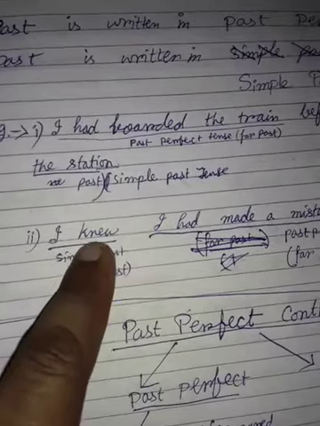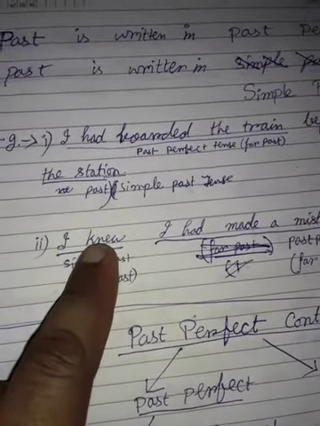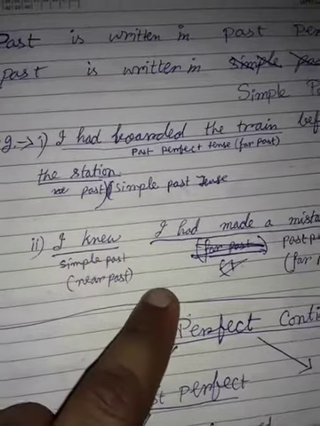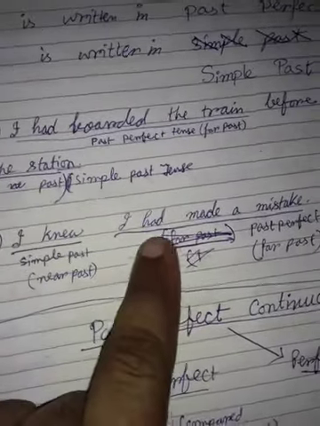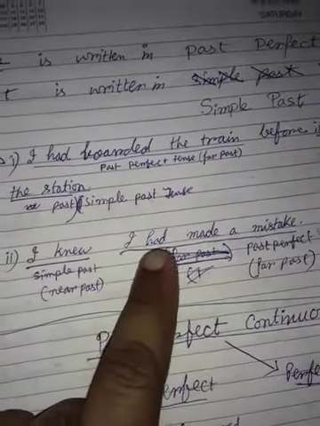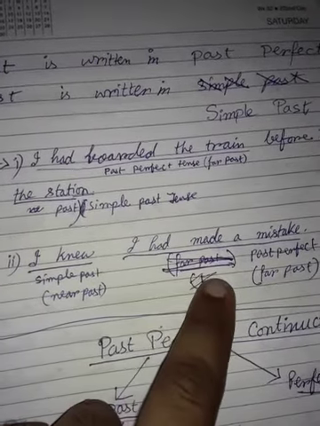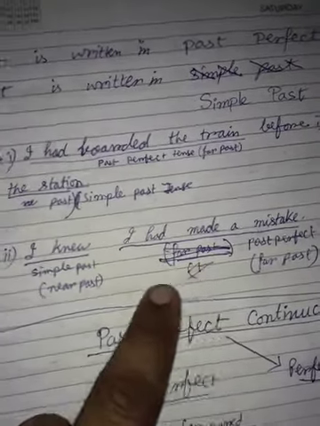I knew, it is near past because you have known it later. But what have I done earlier? I had made a mistake. That is an action that I had done earlier.